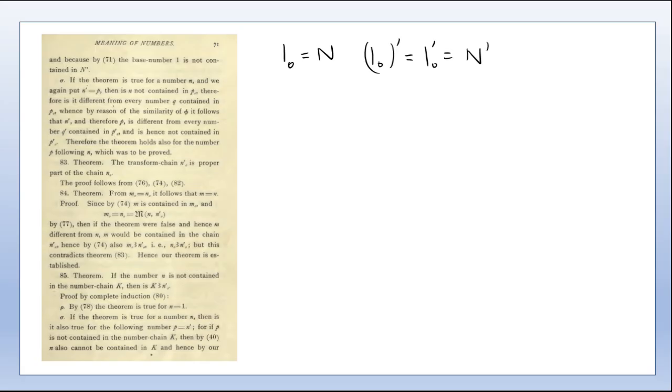So this follows from, I guess, 22, is it? Or something like that, maybe. I can't remember it exactly. But anyway, that's what we have.